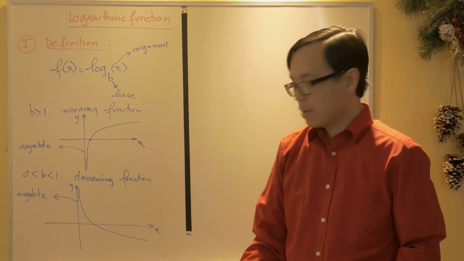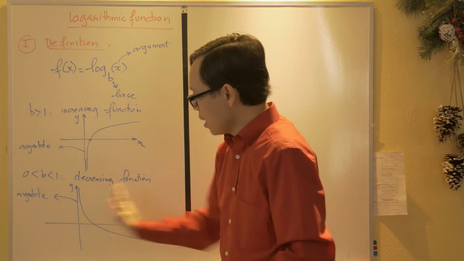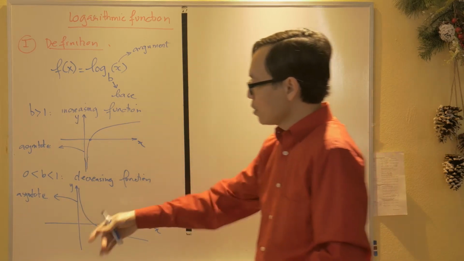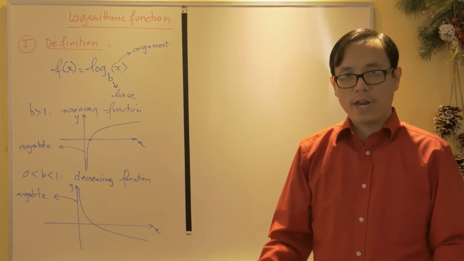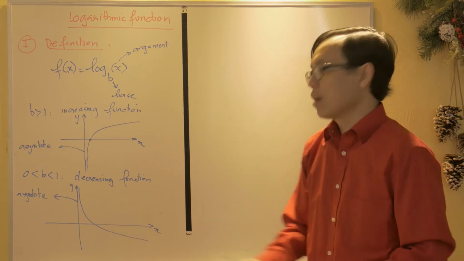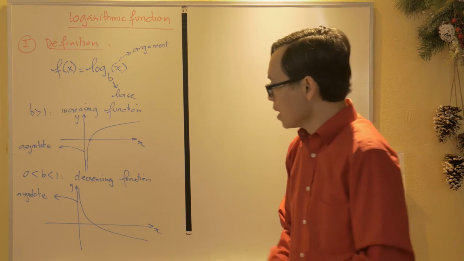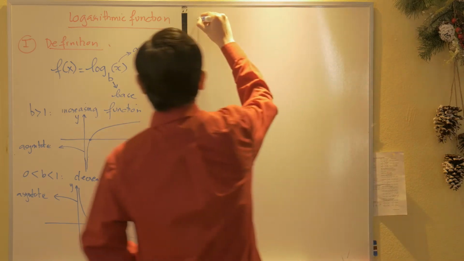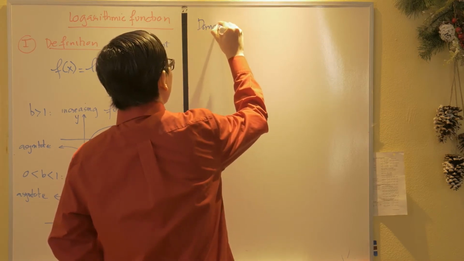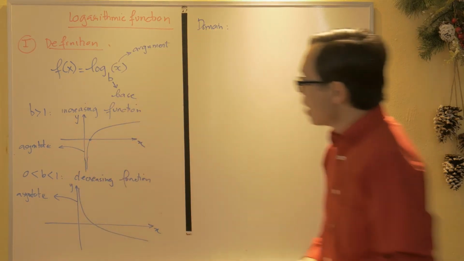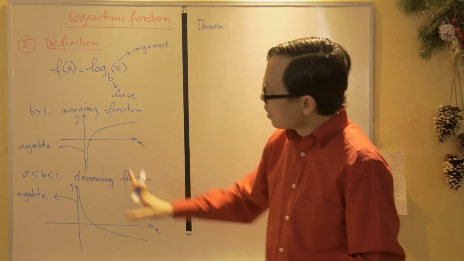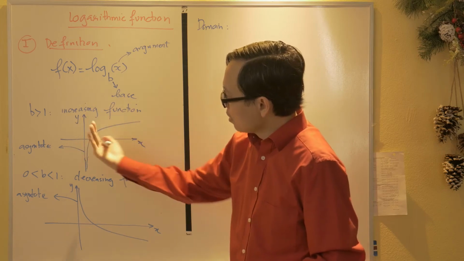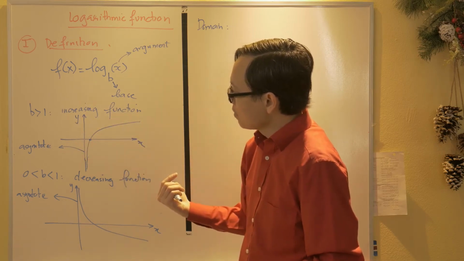However, the vertical asymptote can be moved. It could be moved to the left or to the right. Then, if you move it, the domain and range will be different. Well, the range will be the same, but the domain will be different. But for this one, if we investigate the domain, you see that the curve lies on the right-hand side of the coordinate system.